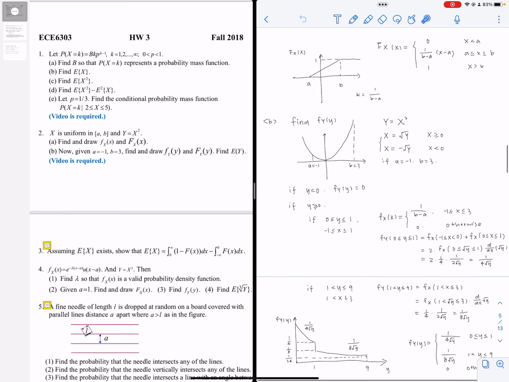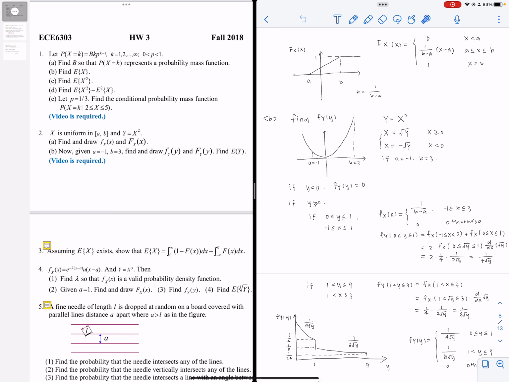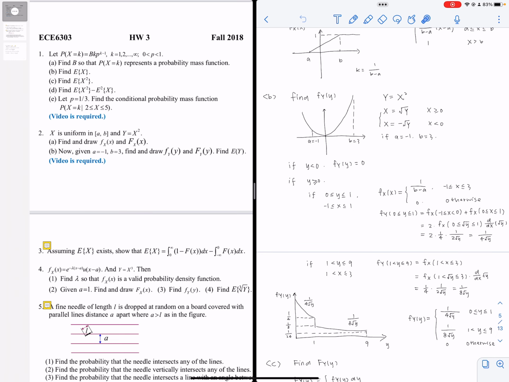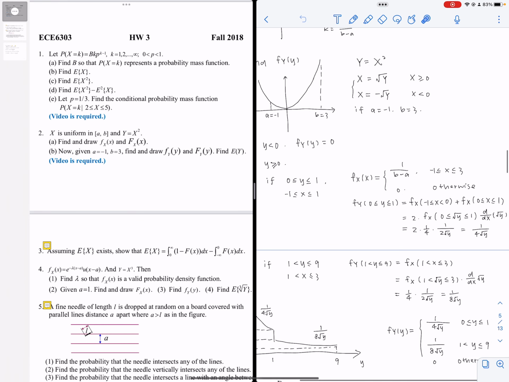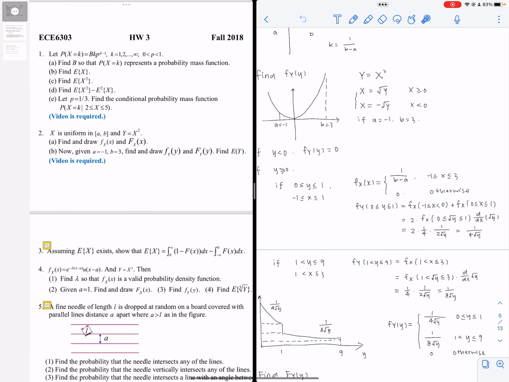So if we integrate this probability density function in terms of y, we actually are summing these two parts together, right? If y is from 0 to 1, then we actually have two different parts, respectively the negative part and the positive part, from -1 to 0 and from 0 to 1.